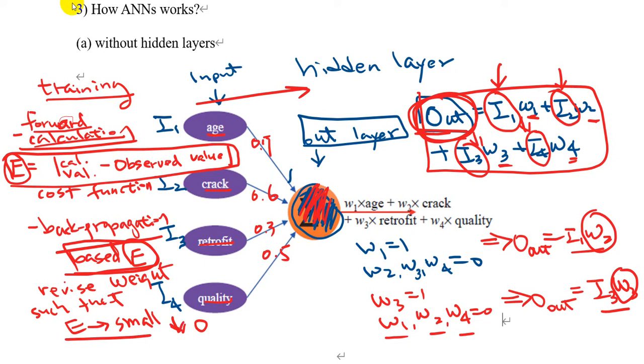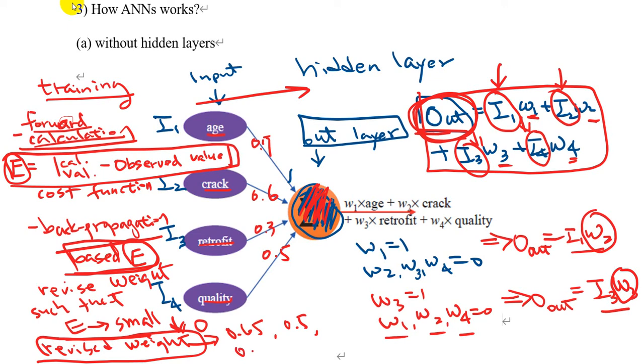And then you get a set of revised weights at the end of backpropagation. Let's assume that backpropagation revises your weights from 0.7 to 0.65, 0.6 to 0.5, 0.3 to 0.25, and 0.5 to 0.55, for example.